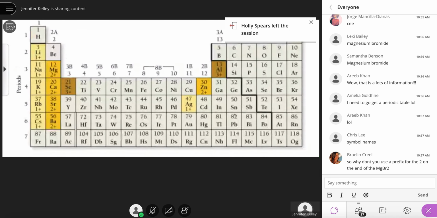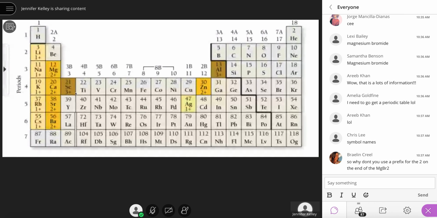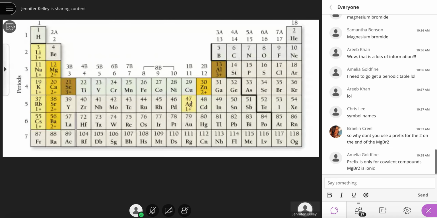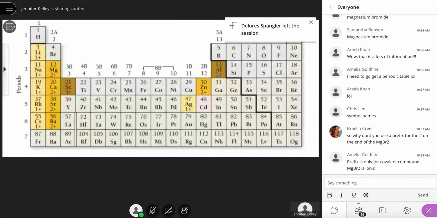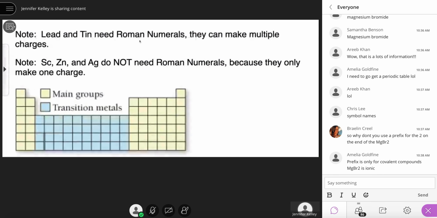Now, all the other ones that are highlighted, including number 21, scandium, number 47, silver, number 30, zinc, and of course aluminum, do not need Roman numerals. And I have that written down here.